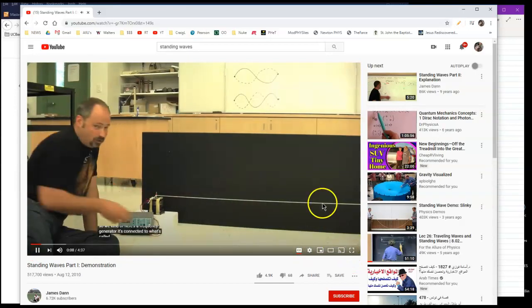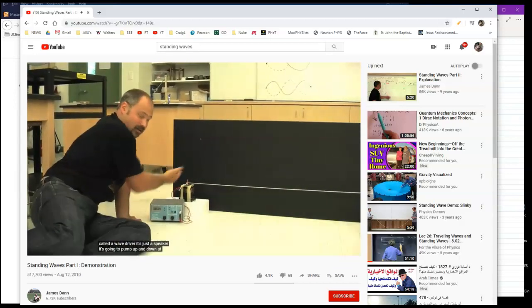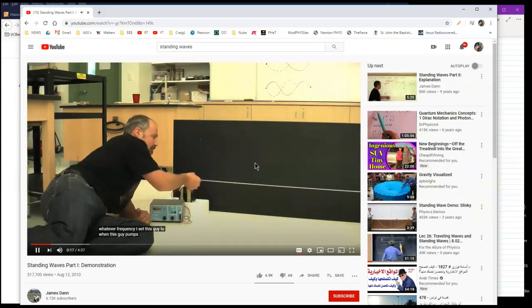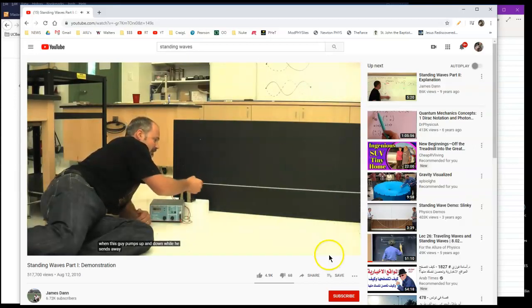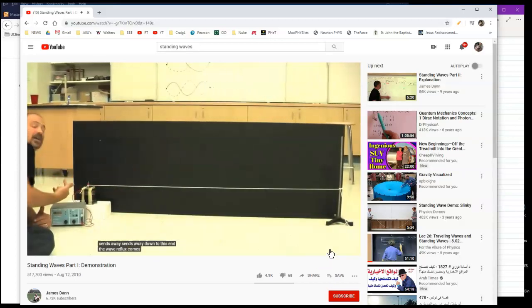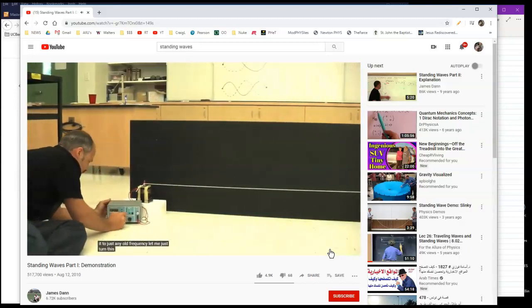It's connected to what's called a wave driver. It's just a speaker. It's going to pump up and down at whatever frequency I set this to. When it pumps up and down, it sends a wave down to this end. The wave reflects, comes back. Now, if I set it to just any old frequency, let me just turn this on.